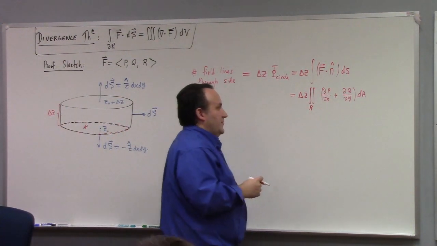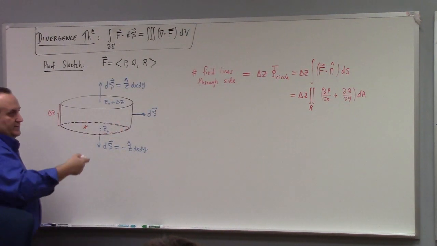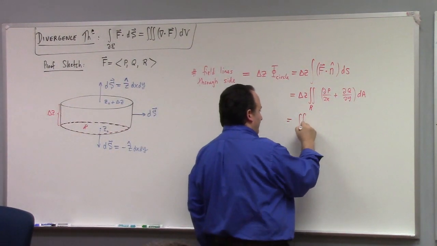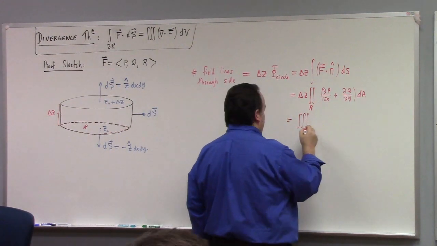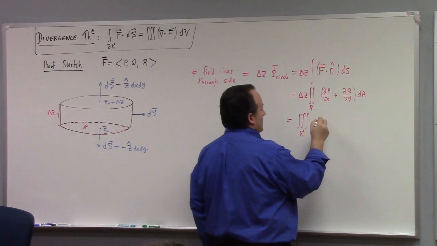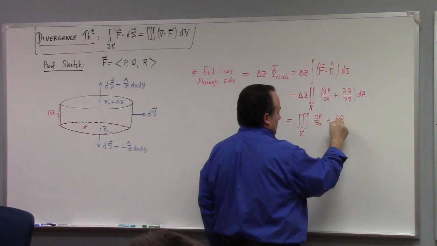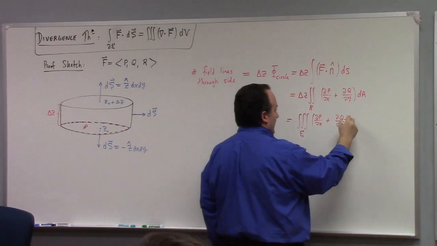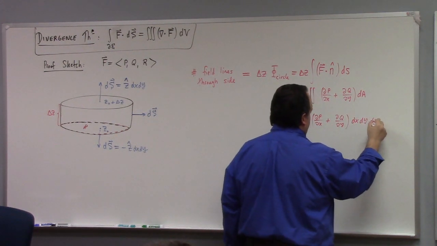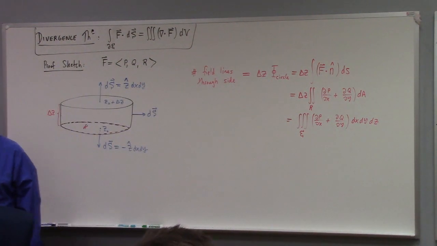And let me point out that you could switch this up. That integral, we could just as well write as the triple integral over the entire thing, which let's call E, of partial p partial x plus partial q partial y, dx dy dz. Do you see why I can do that?